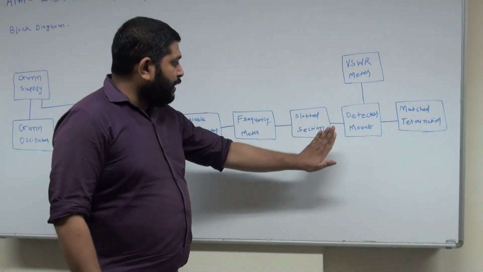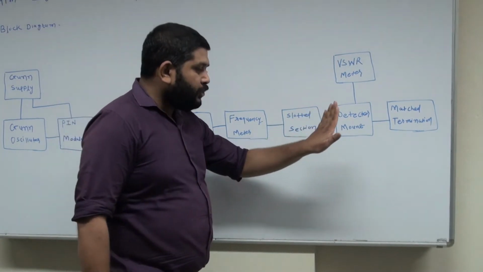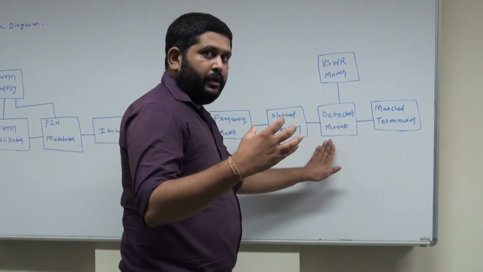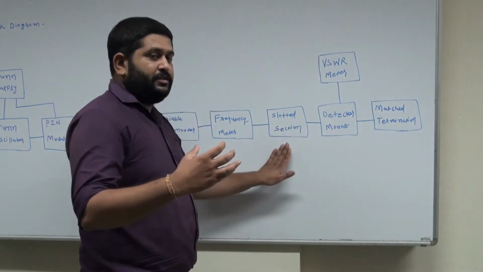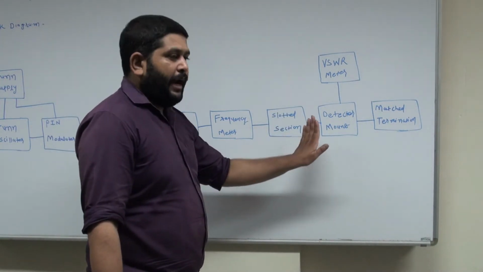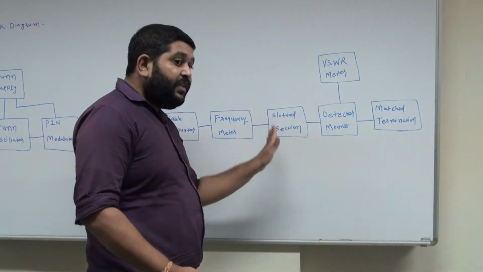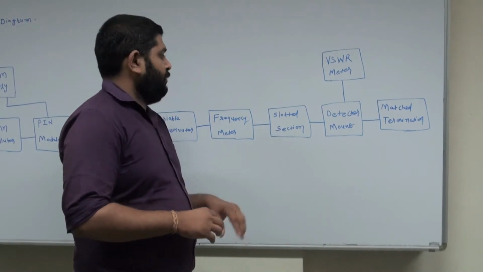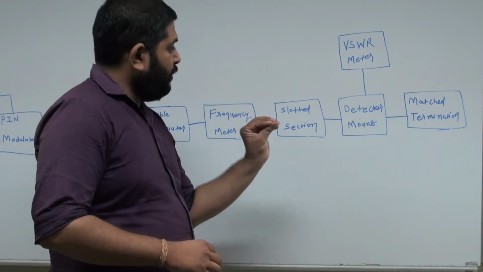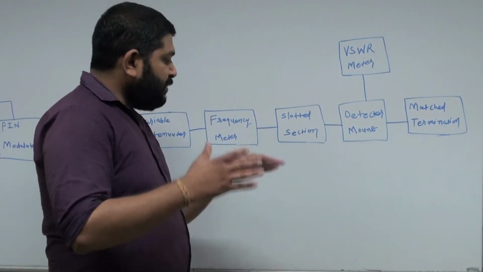When the impedance of the slotted section is matched to the detector mount, at that time no reflection is there. When the characteristic impedance of the slotted line and detector mount does not match, at that time we have some reflection, and based on that reflection we will find the minima and maxima positions of our reflected waves, means standing wave.